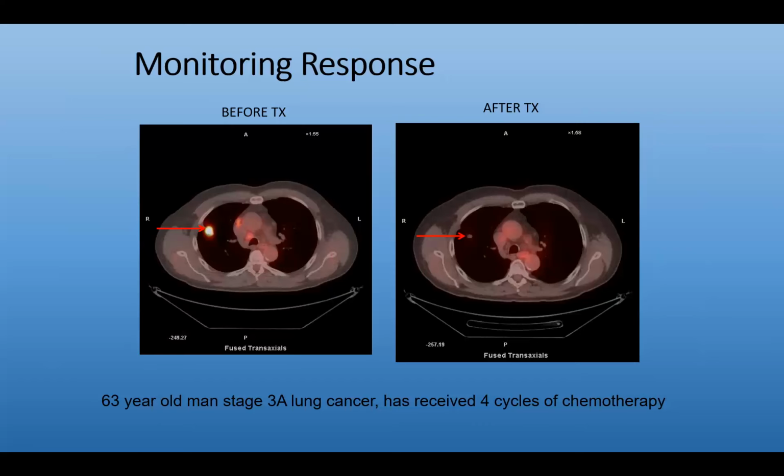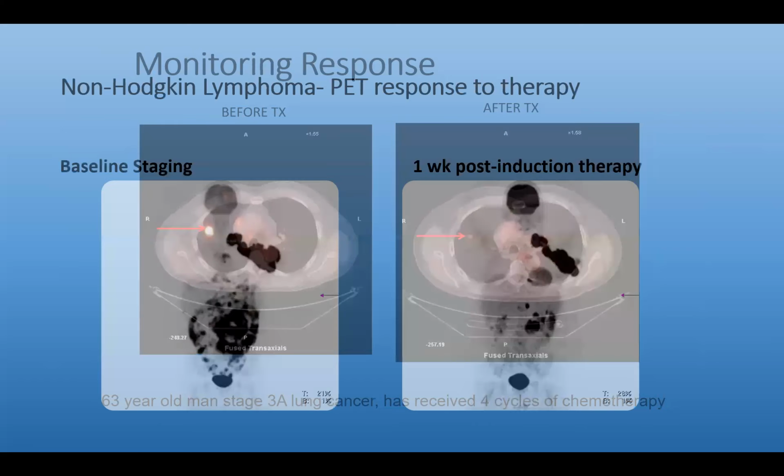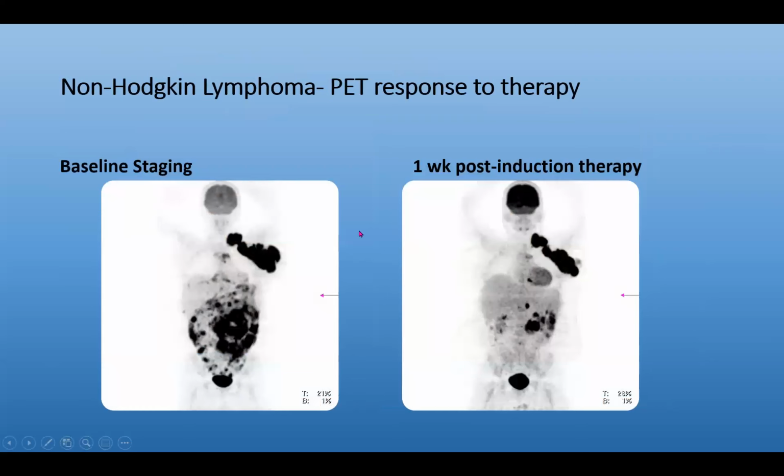So another example, this time with a non-Hodgkin's lymphoma, where the PET scan is able to demonstrate response to therapy. This is the patient's initial baseline study, and you can see massive involvement here up in the axillary area, throughout the bowel.